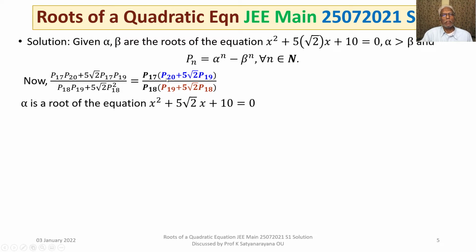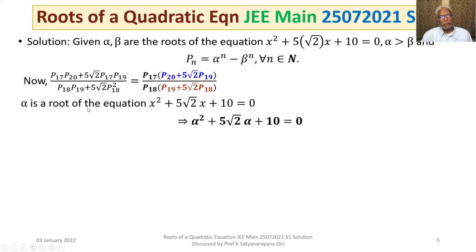Now, after seeing this P20 plus 5 root 2 P19 and P19 plus 5 root 2 P18, this is something to do with the equation, and we try out what happens to Pn when we look at this quadratic equation.